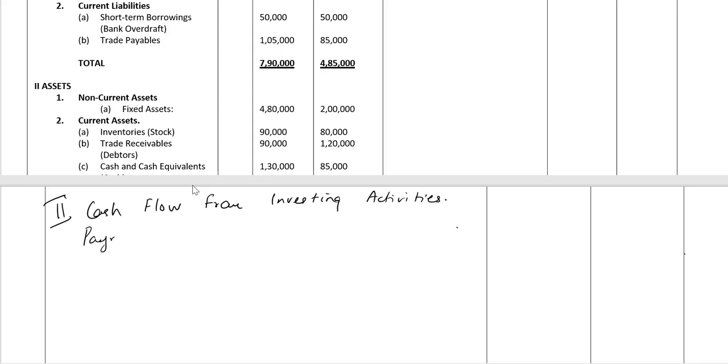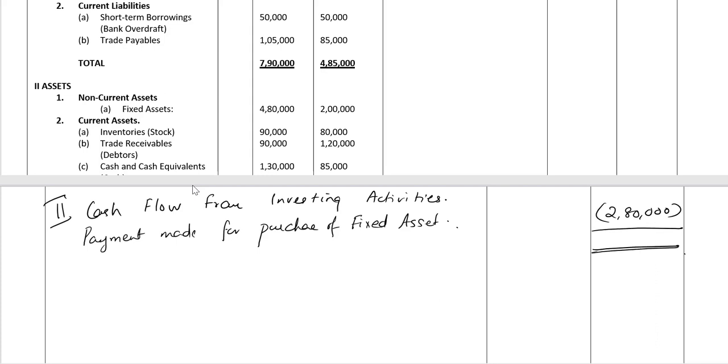Payment made for purchase of fixed asset, ₹2,80,000 outflow. There is no other item for purchase and disposal of long-term investments or fixed assets.